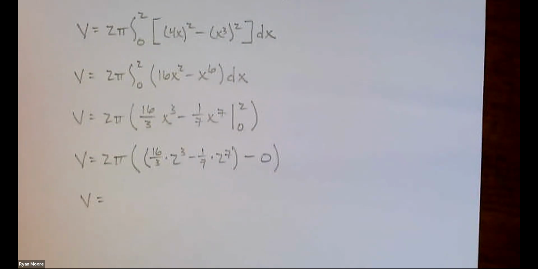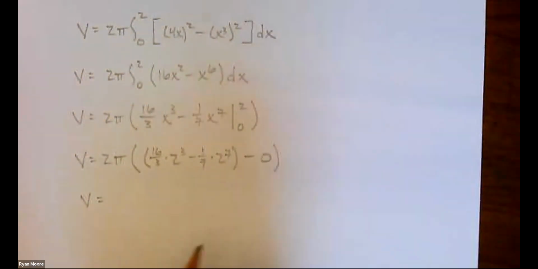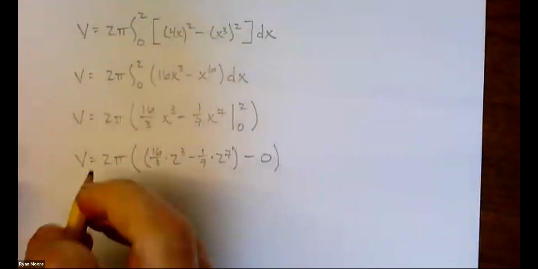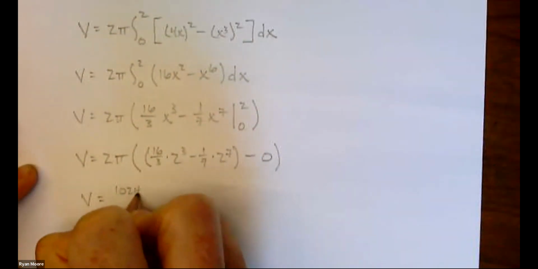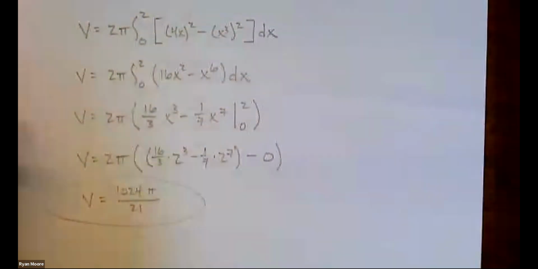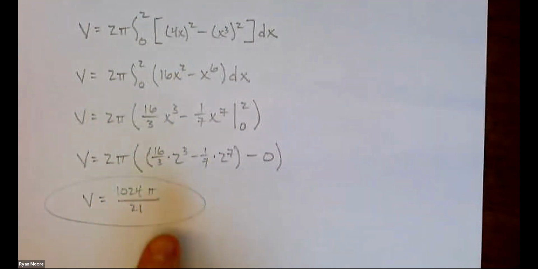We got 16 over 3 times 2 to the 3rd minus 1/7 times 2 to the 7th. What could this be? Oh, and then we got to multiply by 2 pi. So let's multiply by 2. I got 1024 pi over 21. There we go. Okay, very nice.